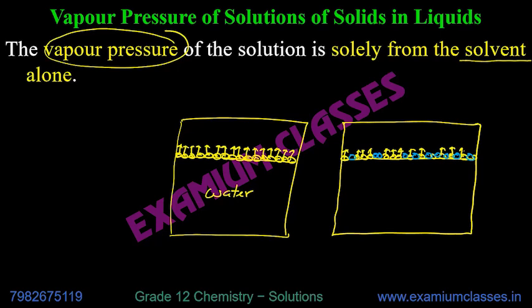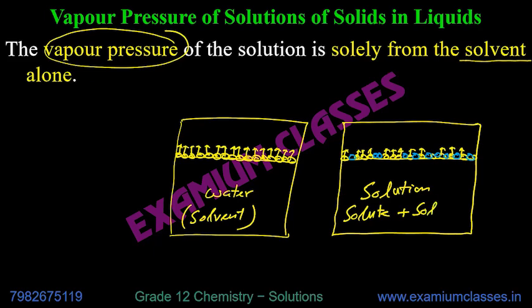Not as many molecules can get vaporized now in the solution. Now it is a solution. So here it was solvent only. Now it is solute plus solvent. So that's why the vapor pressure of the solution will be different from the vapor pressure of the solvent only.